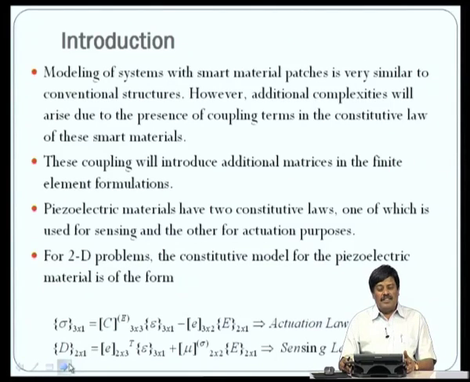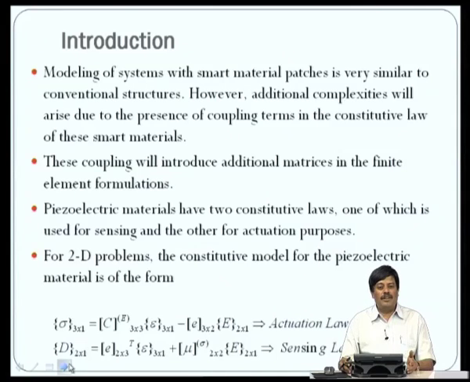These two laws give rise to, in addition to the mechanical component, an electrical component. The additional complexity in the finite element formulation is due to the coupling of the mechanical energy to the electrical energy. What does this mean in finite element terms?